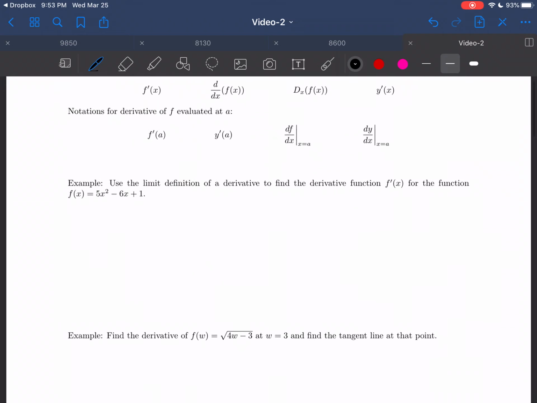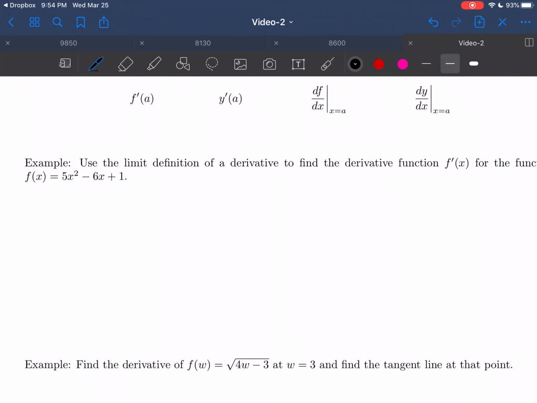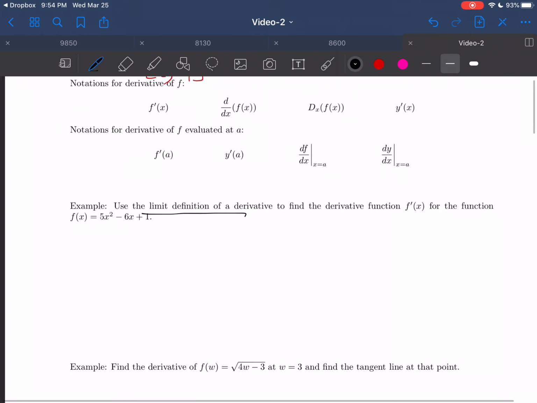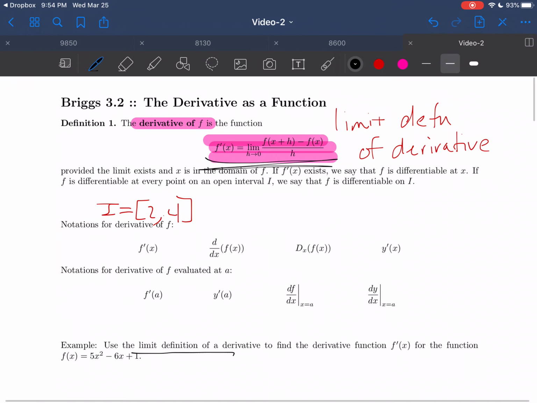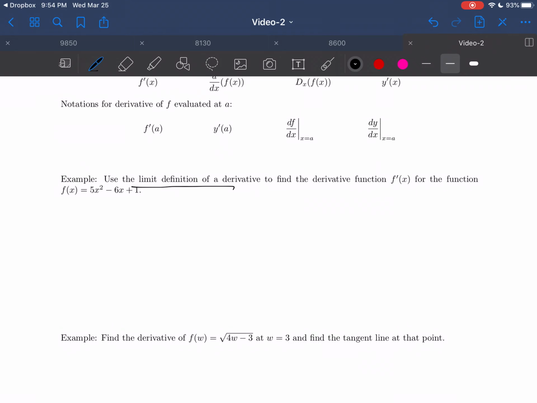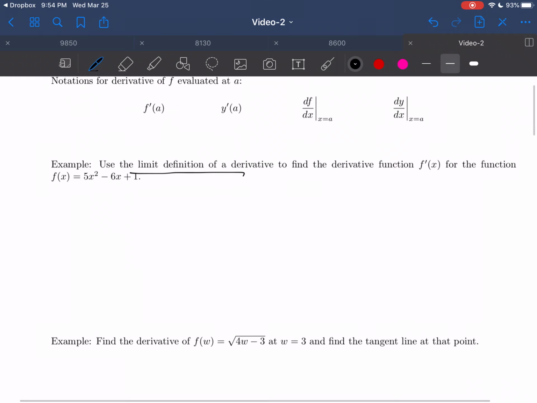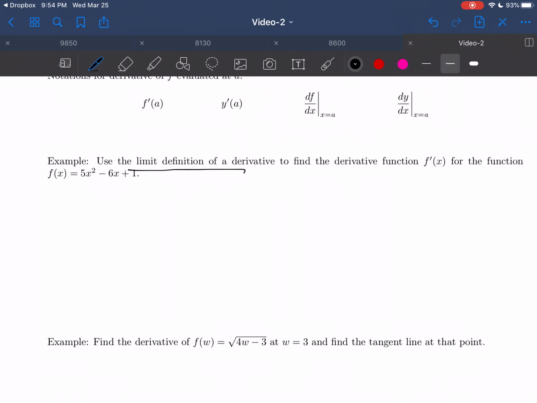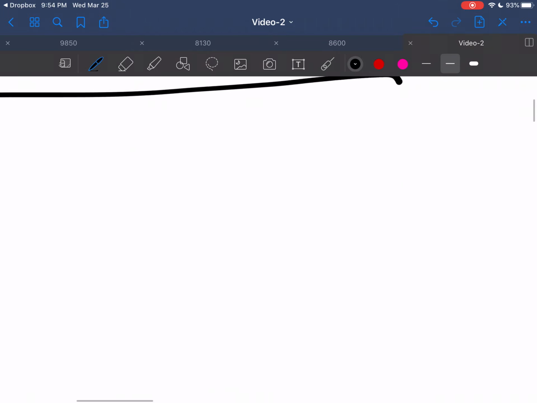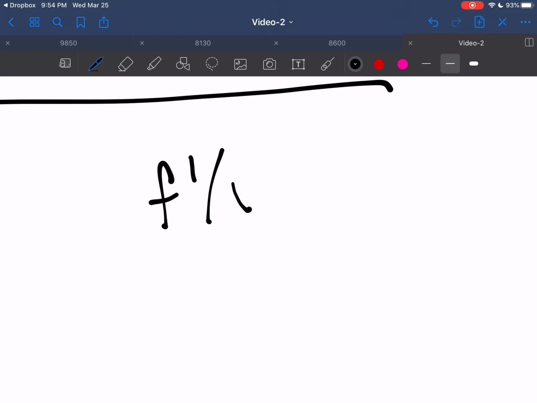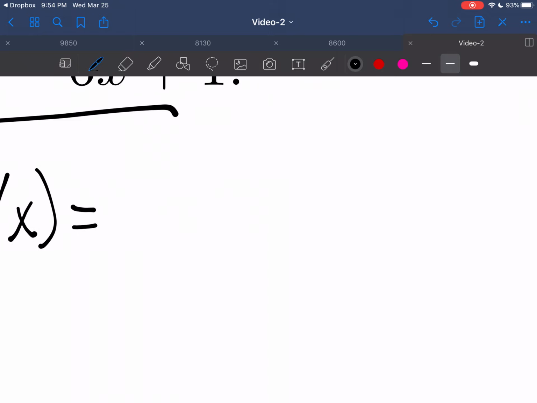Now, an example might be if they say to use the limit definition. If they say use the limit definition, they want you to use the limit definition that we gave up here. So if we're using the limit definition of our derivative to find the derivative of our function f of x, so we've got f of x here, we're looking for f prime of x using our limit definition.